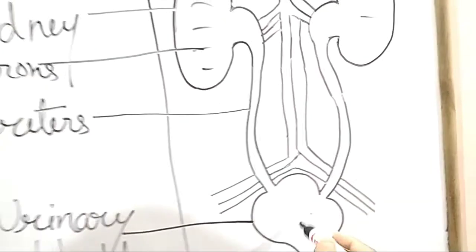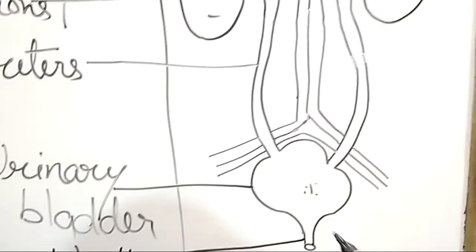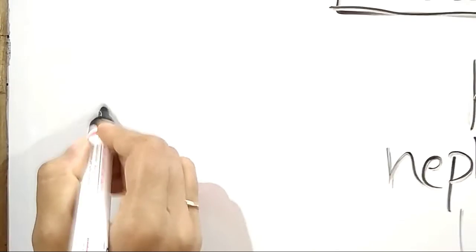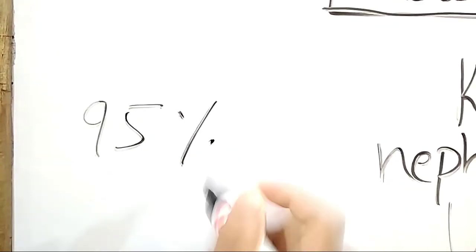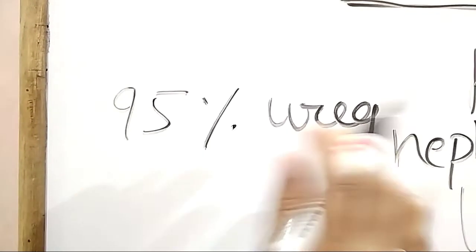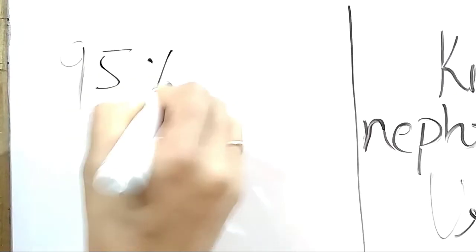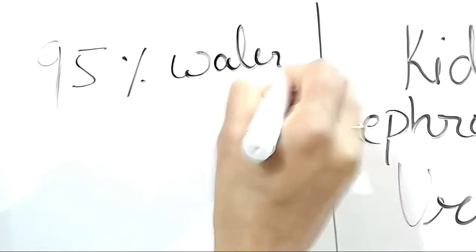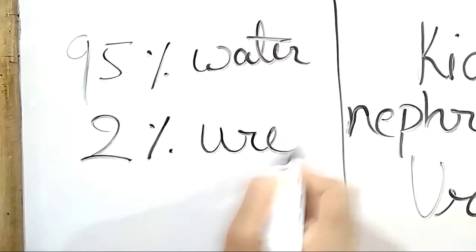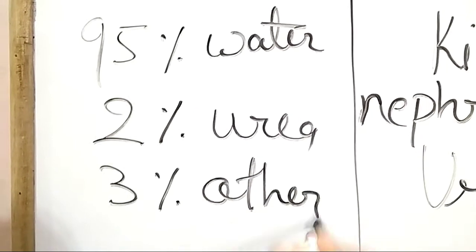Both the ureters collect urine here, and urine consists of 95% water, 2% urea and 3% other waste products.